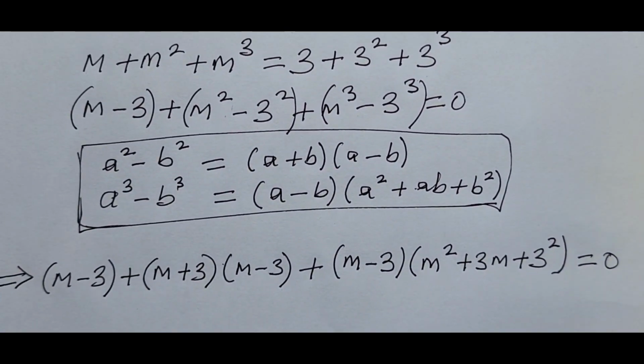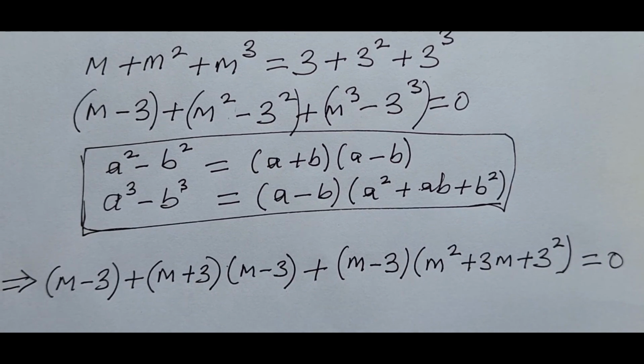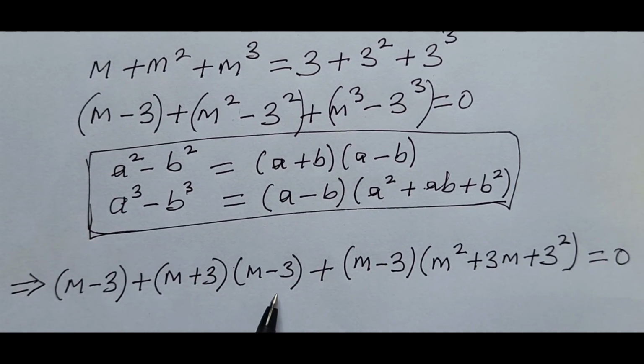Now, there is something common to the terms in this expression. Here we have m - 3, here we have m - 3, and here we have m - 3.